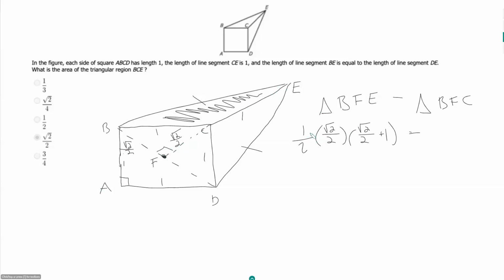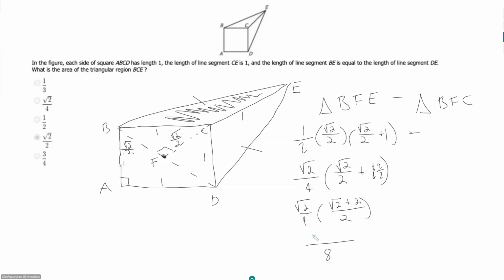1/2 times rad 2 over 2 should just be rad 2 over 4, times rad 2 over 2 plus 1. If I want to combine within my parentheses, this is rad 2 over 4 times rad 2 over 2 plus 2 over 2, so I can just make this 2 over 2. So that is rad 2 plus 2, all over 2. And this leaves me here with something over 8.